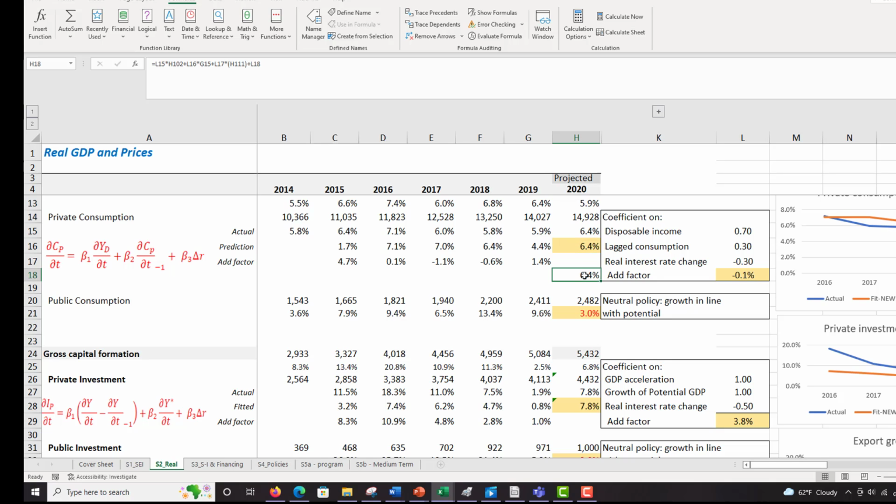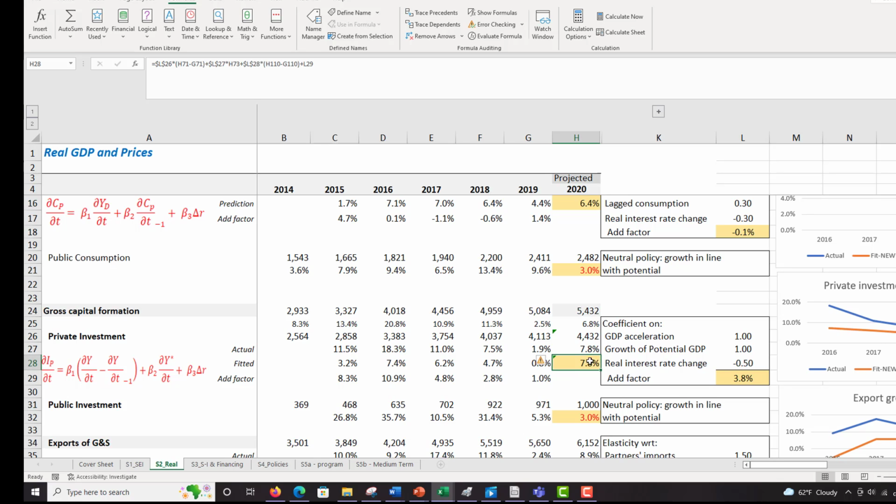So once again, we have shown you how we have gotten a prediction of consumption growth. And then I have to mention here that the level of consumption, how do we get to the level of consumption? We just take last period's times 1 plus the consumption growth here. So this number here is 6.4% higher than the previous year, according to our equation.